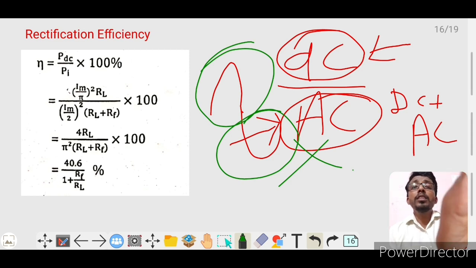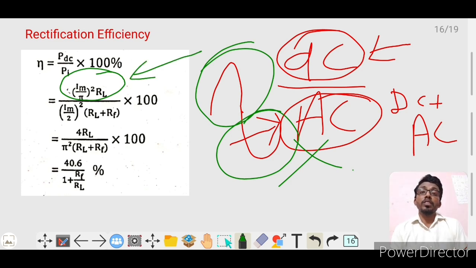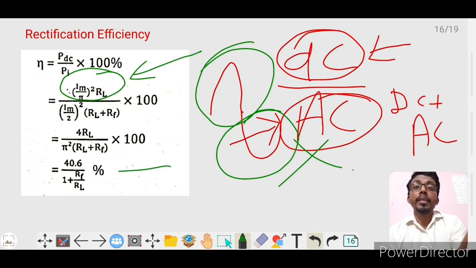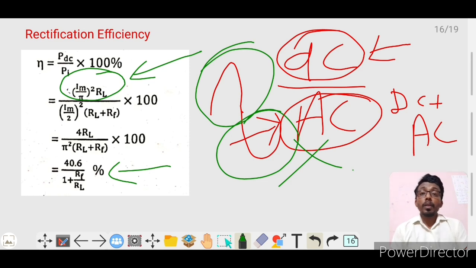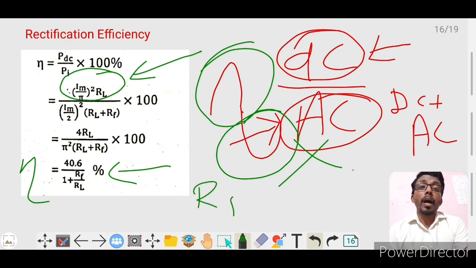We substitute the values which we previously calculated, and what we get is eta equals 40.6 divided by 1 plus RF by RL. Now the most important thing is that RF is very much less than RL.